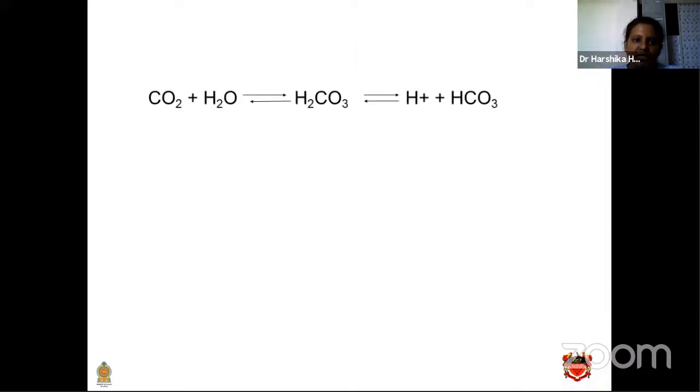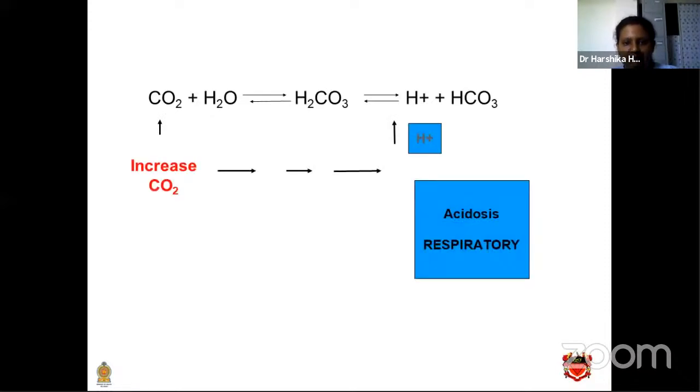This carbon dioxide, you all know, gets hydrated into carbonic acid, which dissociates into hydrogen ions and bicarbonate. Bicarbonate ions will be lost through urine, but hydrogen ions will stay in the body, causing an acidosis.